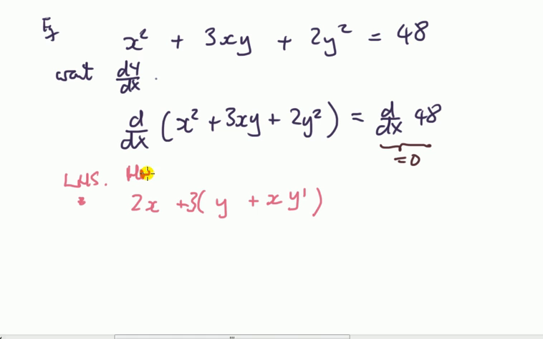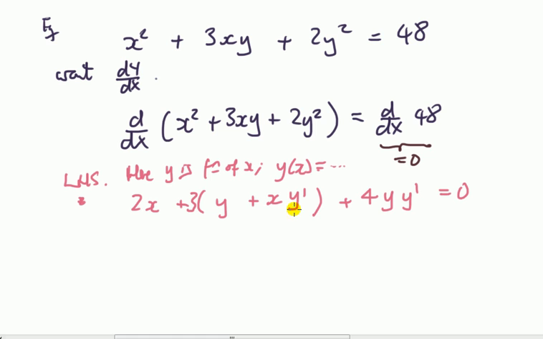Here y is a function of x, i.e. y(x). If we want to write explicitly, the right hand side would be a function in terms of x. And then finally the last term here, y squared, but that's y as a function of x. So I use a chain rule, so 2 down, that's 4y, and then I differentiate y with respect to x, so that's y dash. And that whole thing on the left hand side is equal to 0.